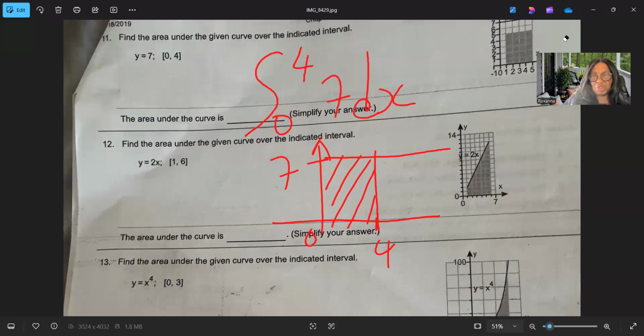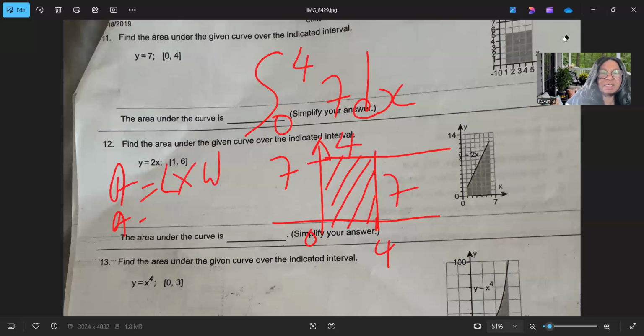Okay, but you could be told to show that you know you can use an integral to do it. So it's a rectangle with a length of 4 and a width of 7. We already know that the area of a rectangle is length times width. So the area of the rectangle is 4 times 7, and 4 times 7 is 28.